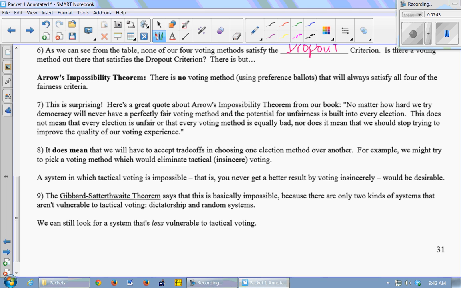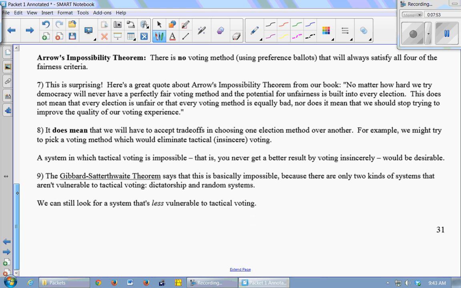Some methods are more fair than others, and we can always keep trying to improve the methods that we're using. It does mean, though, that we have to accept trade-offs in choosing one election method over another. For example, we might try to pick a voting method which would eliminate tactical or insincere voting.